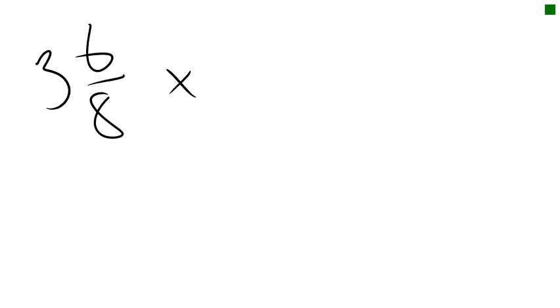Okay, so mixed fractions. Let's go with 3 and 6/8 times 2 and 2/10. So we must make these into improper fractions first.